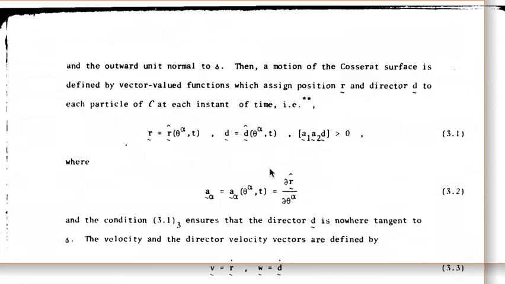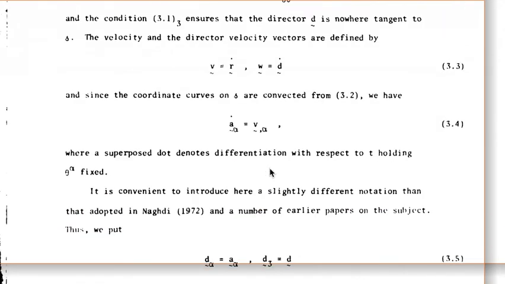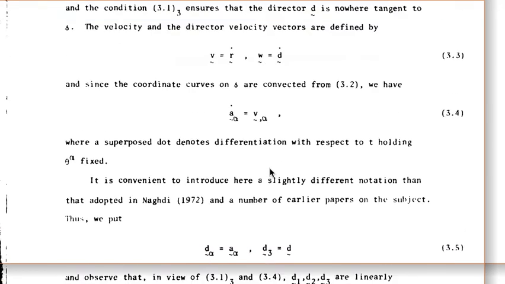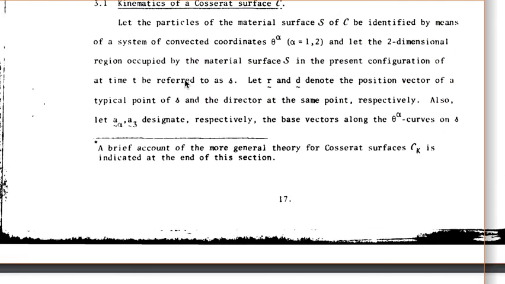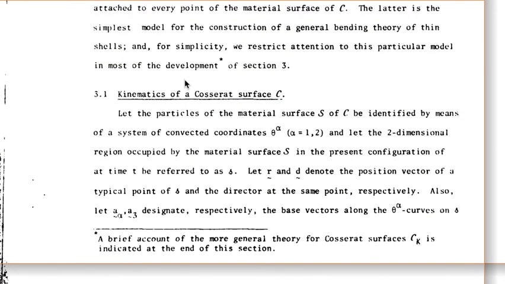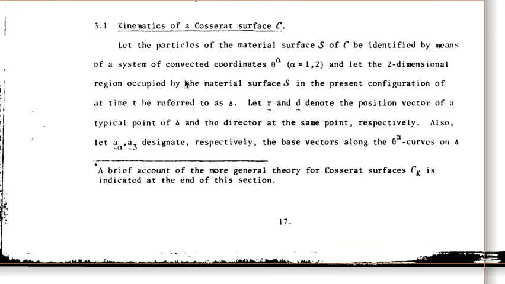And secondly, I wanted to show you one more important aspect with respect to the kinematics, how it is developed. So we can see here theta alpha, these are the contravariant quantities of the Euclidean space, okay.